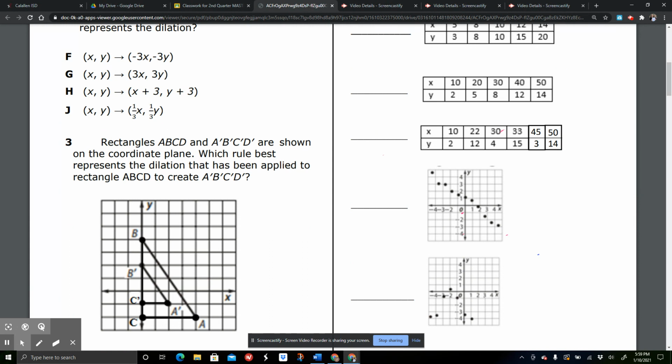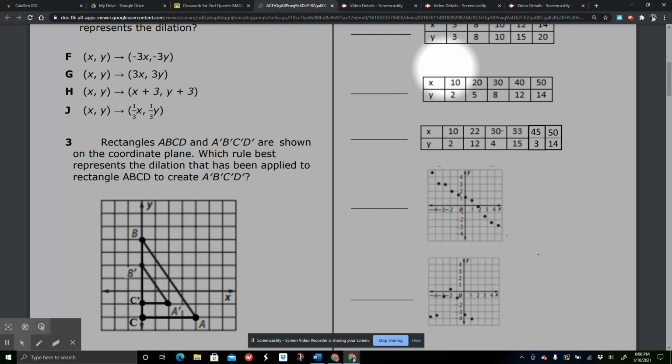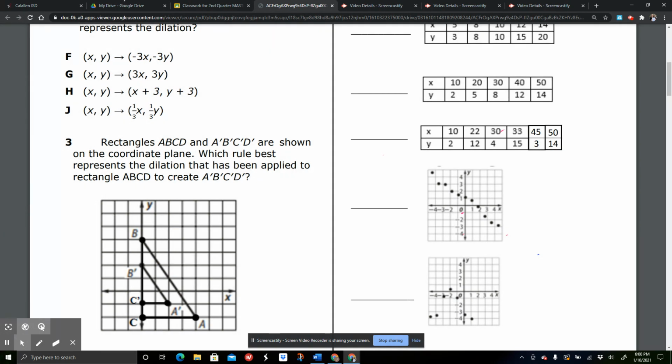The next one is increasing by tens each time.